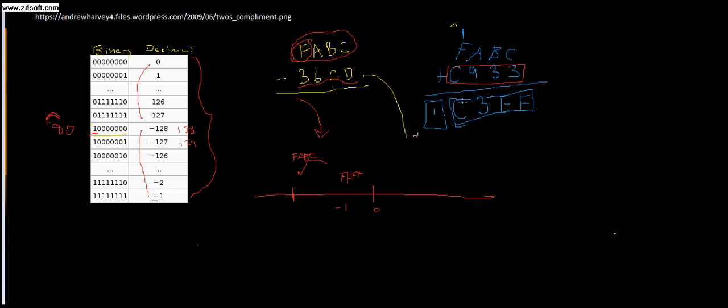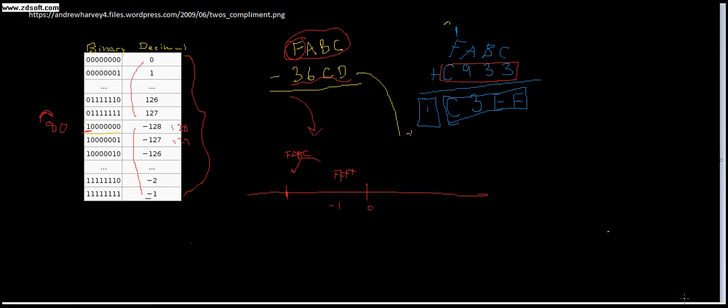Okay? So when we think about if that happened or not, it seems to me the FABC was not very negative, and this C933 was a little more negative. So the fact that we got something even a little more negative, if I want to rate how negative these numbers are, this would be 1, and then this would be 2, and then 3 is very negative, right?